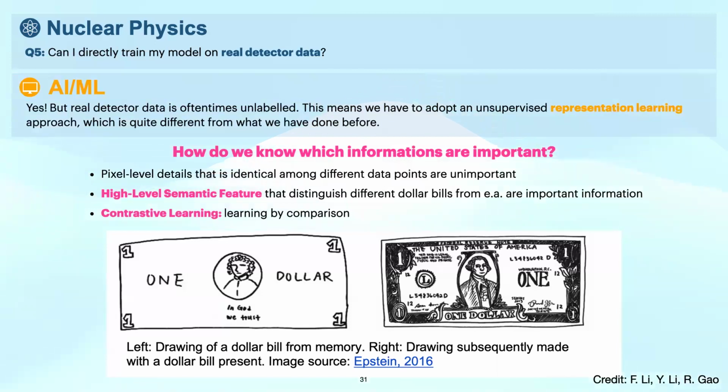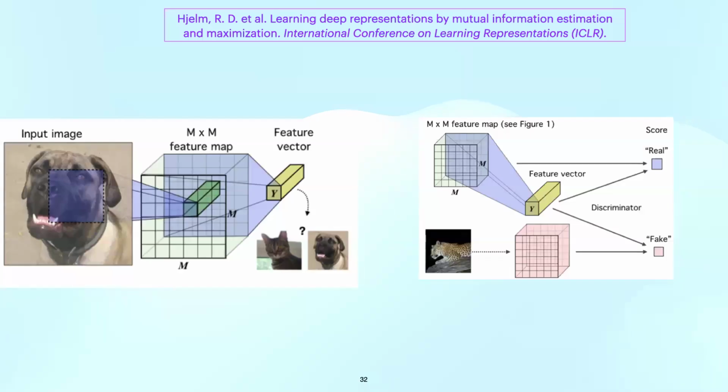The idea of contrastive learning is basically learning by comparison. Here I'm going to very quickly introduce one contrastive learning algorithm, which is called Deep InfoMax. How this algorithm works is we first have an input image, let's say an image of a dog. We feed it through a series of convolutional neural networks to output a feature map, and then we feed it through a series of fully connected neural networks to produce a feature vector, let's say a 32-dimensional feature vector.